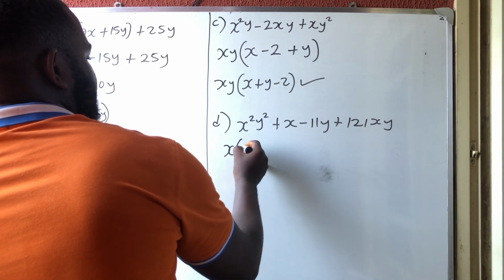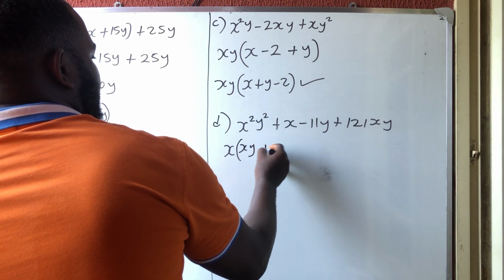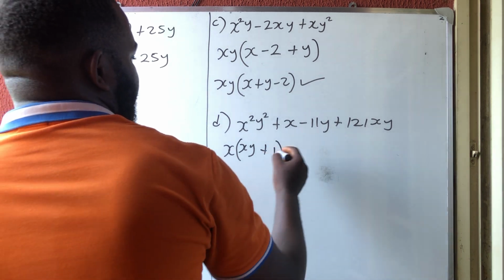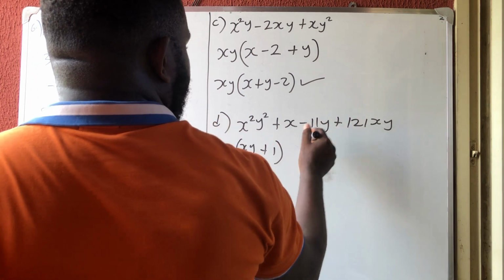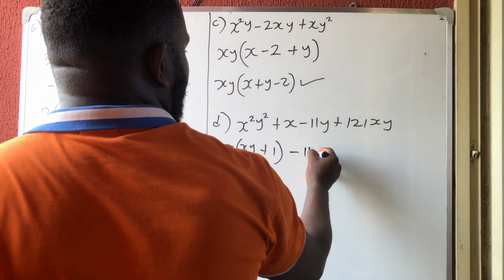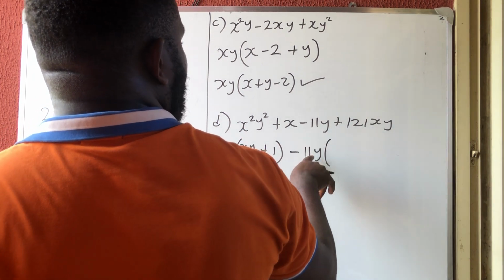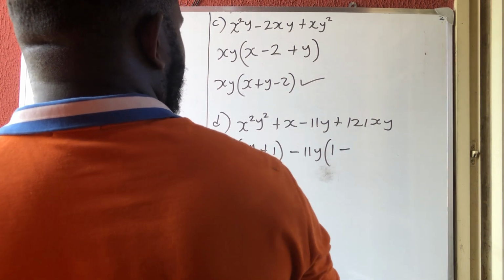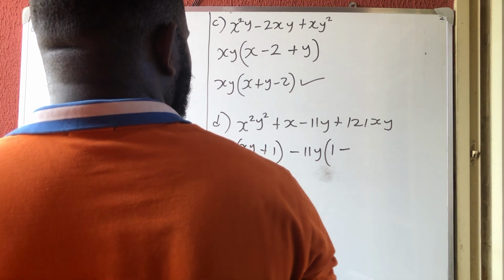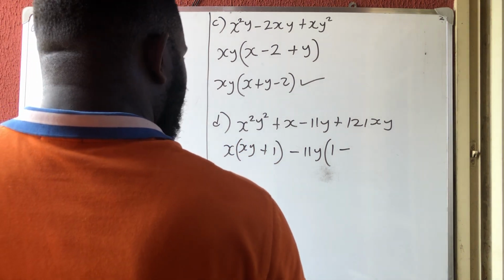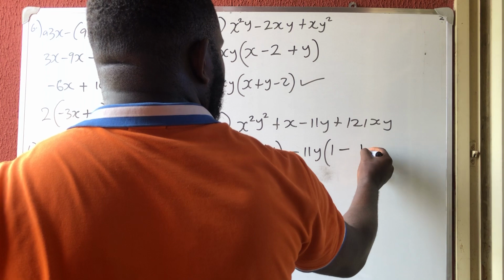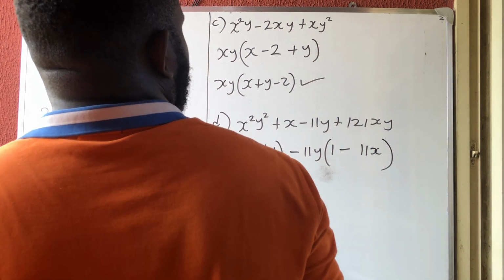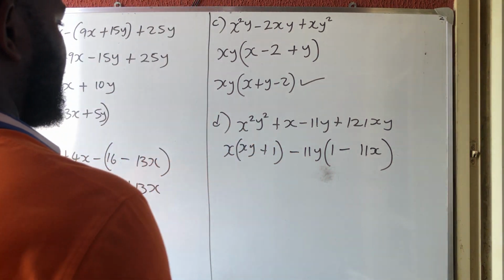So this one divided by this, I'm having xy here, plus 1 is remaining here. Then these two, let me bring out minus 11y that they have in common. So this divided by this is remaining 1 here, minus this divided by this will give me 11x.